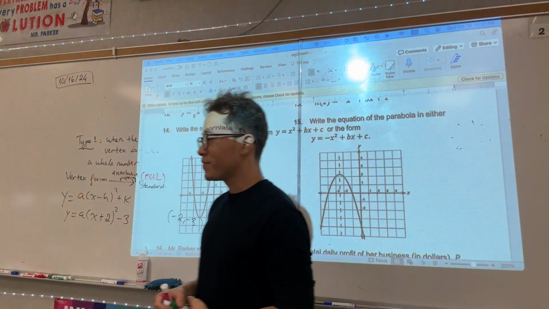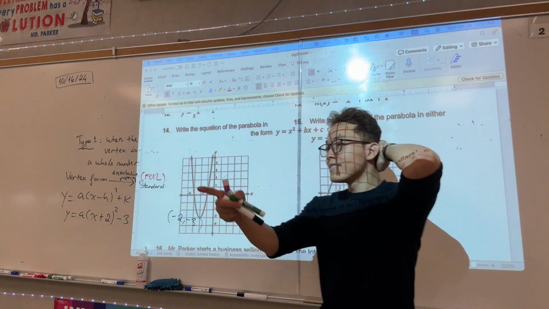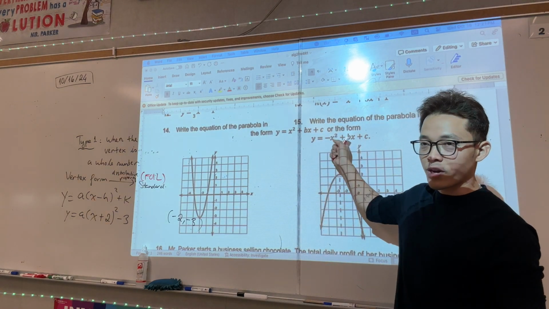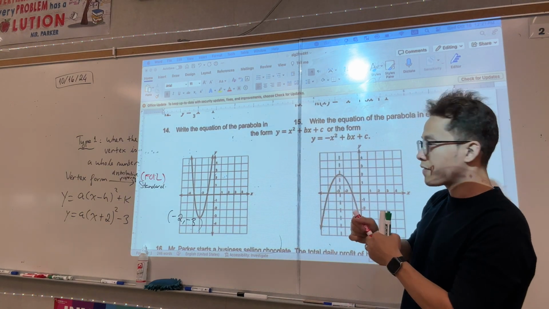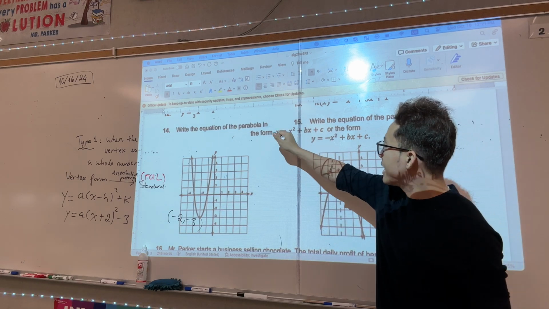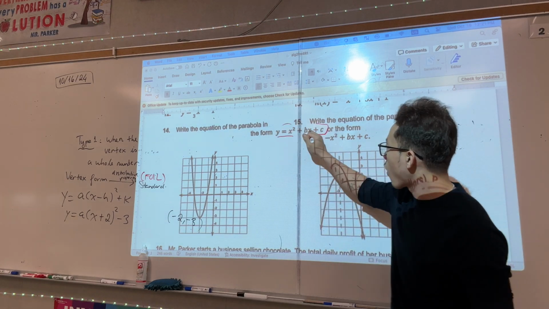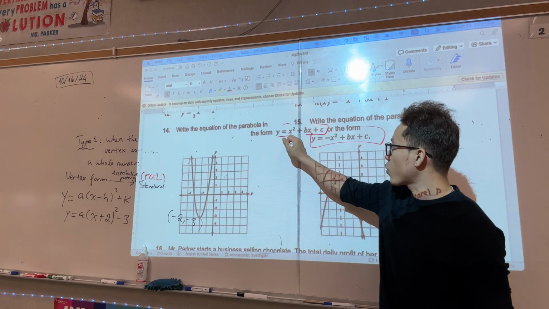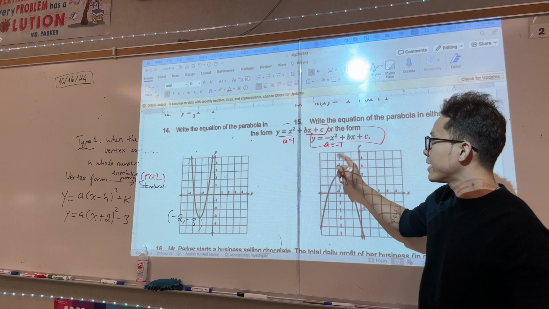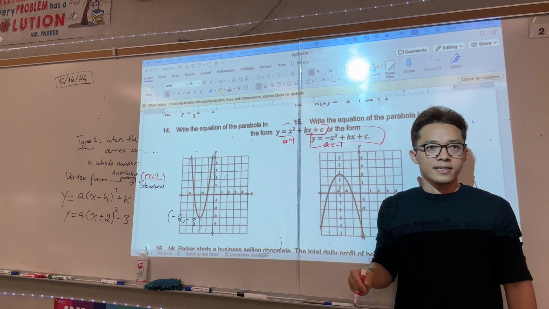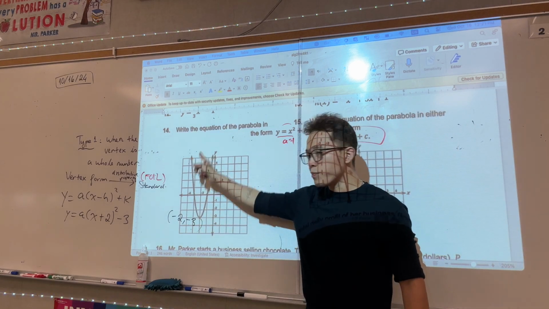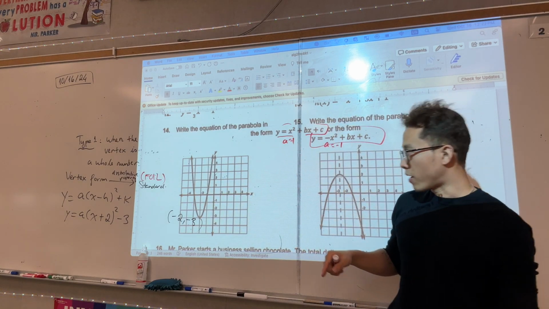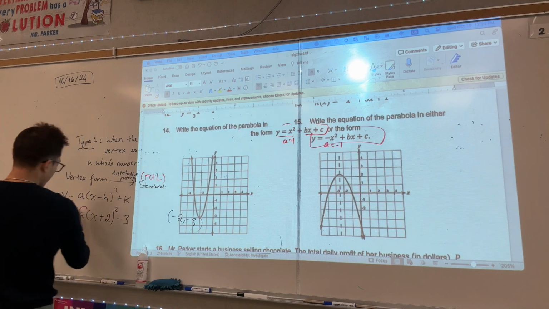You don't have to find it because the question, whether in this form or this form, means that a is 1 or a is negative 1. I give you the a already. Now based on the graph, is it upward or downward? Upward. So is it positive 1 or negative 1? Positive 1, okay? So a is 1.